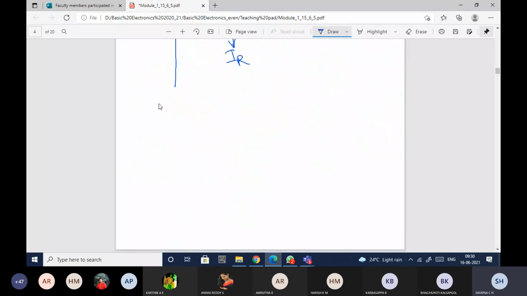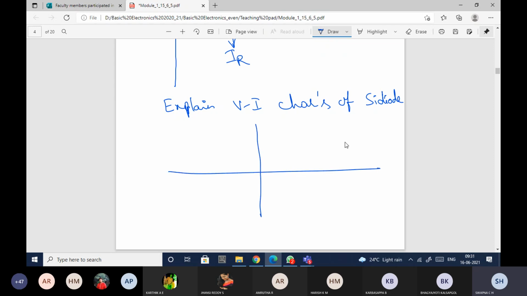In general, in the exam, they'll ask you to explain the VI characteristics of a silicon diode, or they may give a germanium diode. This is a very important question. Let me draw for the silicon diode. Until 0.7, the current is very small. V gamma is equal to 0.7 volts here.